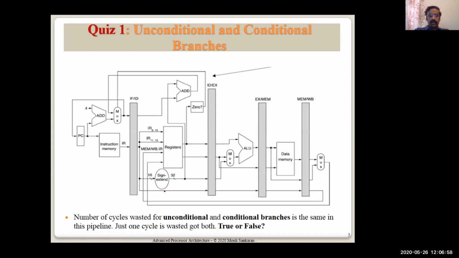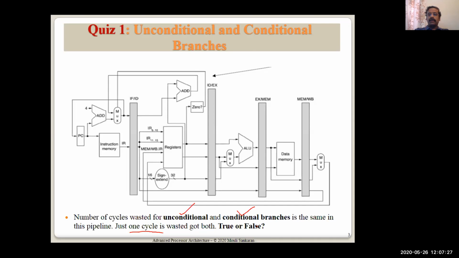The number of cycles wasted for an unconditional jump or for a conditional jump is the same in this pipeline. I am making a statement. The number of cycles wasted is the same in both cases, which is just one cycle for both. I want you to tell me whether the statement is true or false.